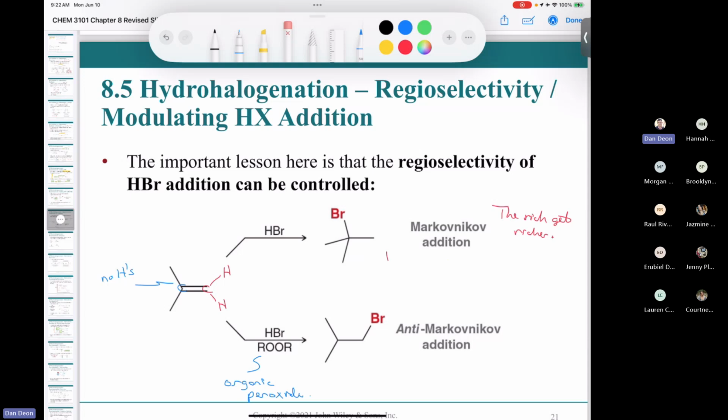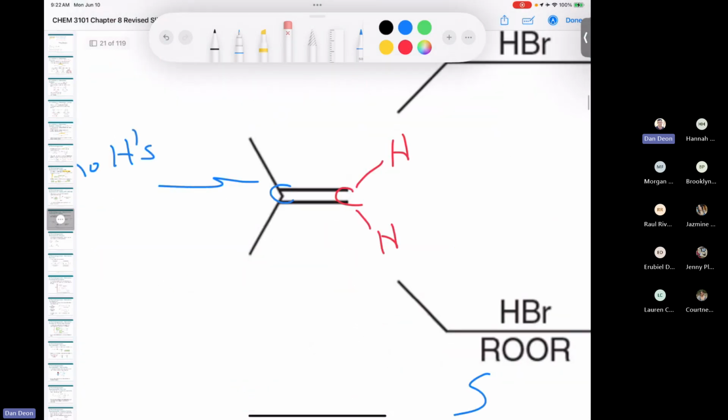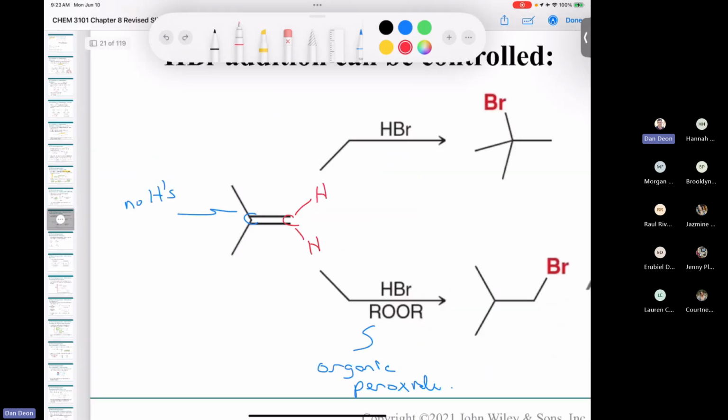If you look at the carbon-carbon double bond, look at both carbons carefully. The carbon in blue is attached to carbon, carbon, carbon. It has no hydrogens. If we look at the carbon in red, it has 1, 2 hydrogens, right? The other atom it's attached to is a carbon. So that means the carbon in red is richer in hydrogens.